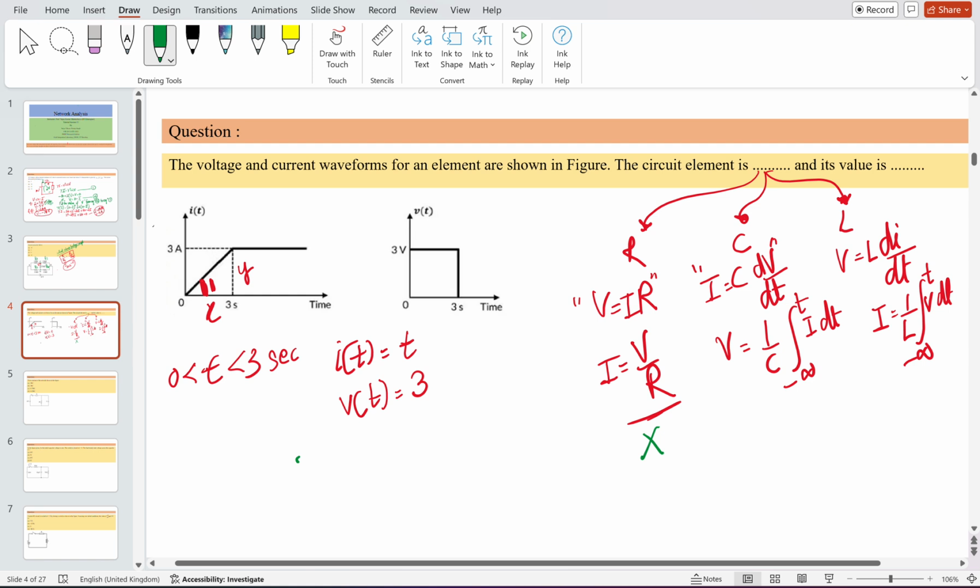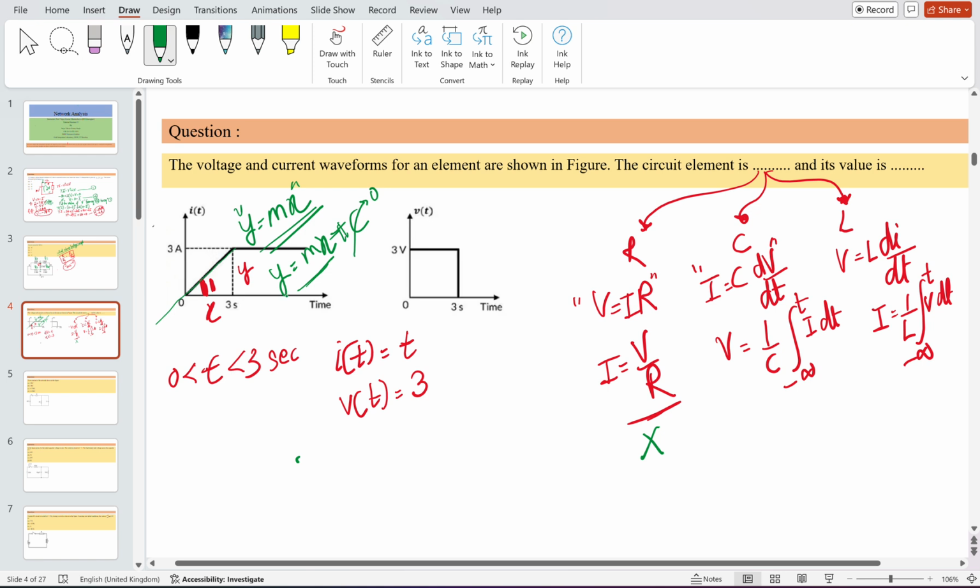So what is the equation of the y = mx curve? This is a straight line passing through the origin, so the standard equation will be y = mx. The standard equation is y = mx + c, but since it is passing through the origin, c will be 0.